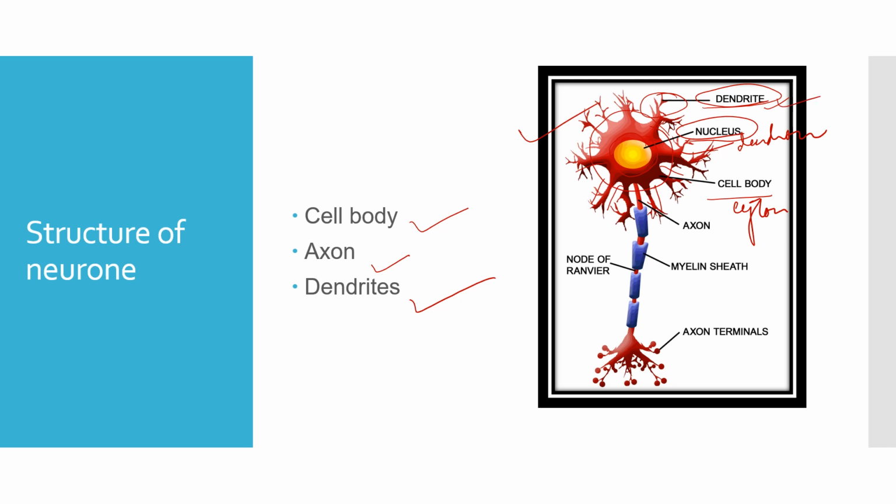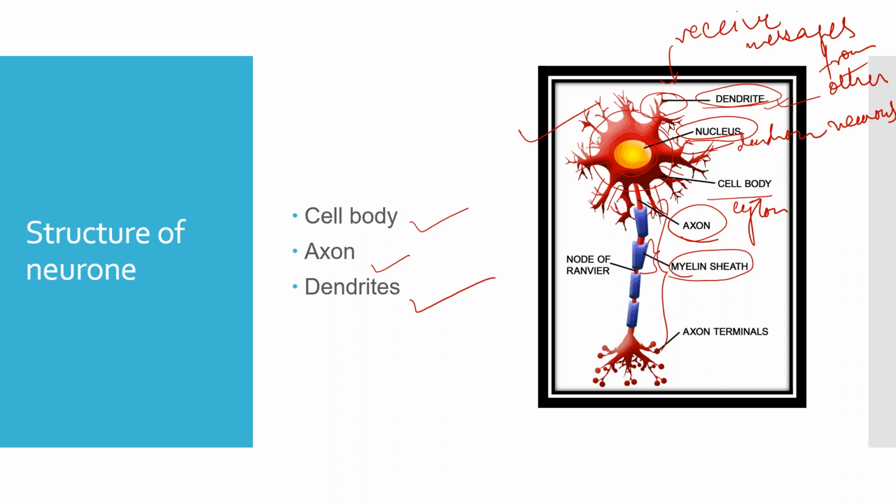Dendrites receive the messages from other neurons. Is it clear? Next comes the single long fiber, which is called the axon. The axon extends to the other side of the cell body, and it is covered by a myelin sheath.